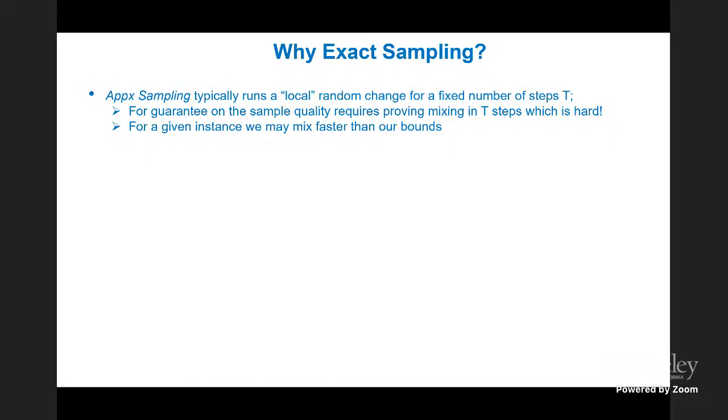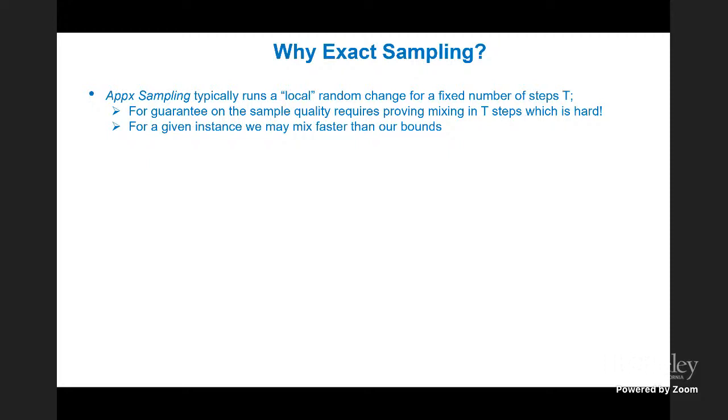And even if you succeed using a lot of cleverness to prove a mixing time bound, for the given instance that you are running, you either have to rely on heuristics, or the other option is just running it for time steps larger than the actual mixing time.